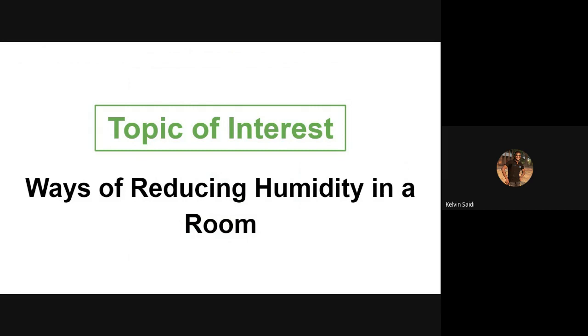So in general, you can define humidity as the concentration of water vapor that is present in the air. Water vapor is a gaseous state of water, and it is generally invisible to the human eye.